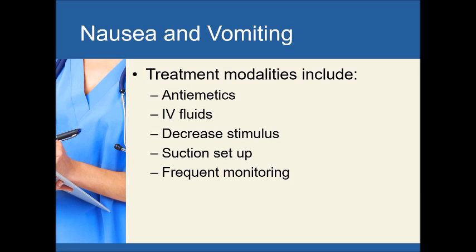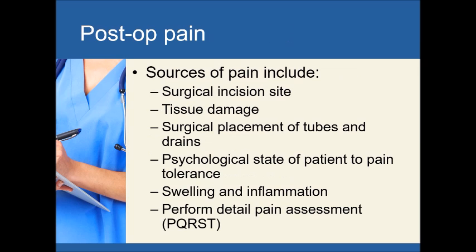So having the suction set up allows you to get a lot of the secretions out and at least minimize the damage if the patient is to aspirate, right? Obviously the best thing to do would be to turn the patient to the side, but if you're unable to do so, always have a suction kit set up before your patient even comes to your unit. And frequent monitoring is quite necessary, especially if you've given medications and if the patient is vomiting frequently, so it's always good to follow up with that.